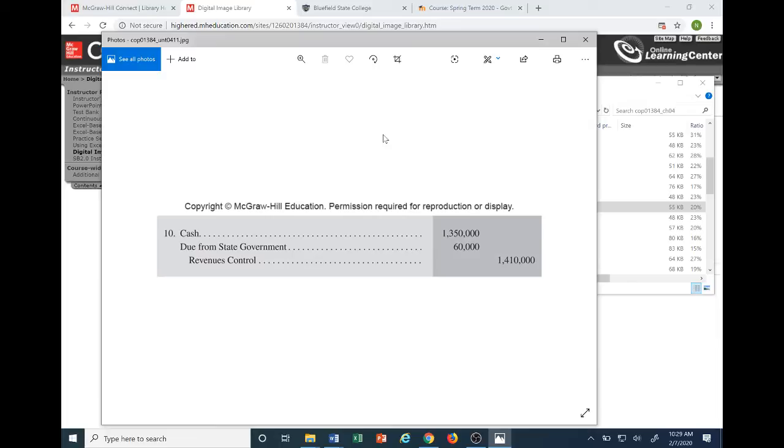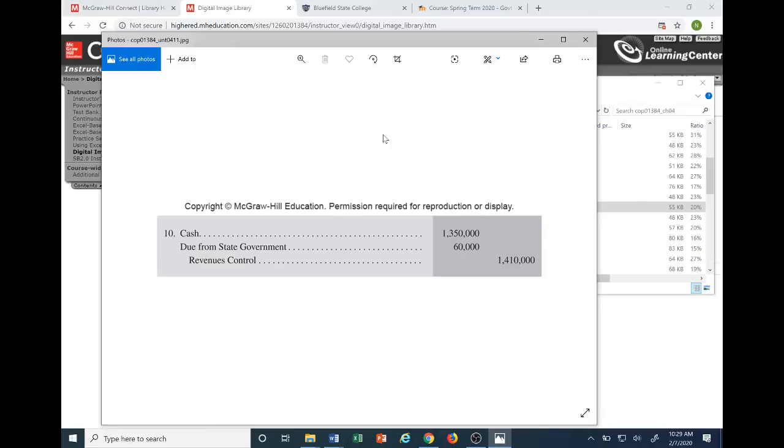We know we got that amount of money, so we're going to debit the 1.35. Of that, 60,000 resulting from sales is still expected to be received in January. So we're going to say due from state government for 60,000, right? And then we're crediting revenues control for 1.41, right?